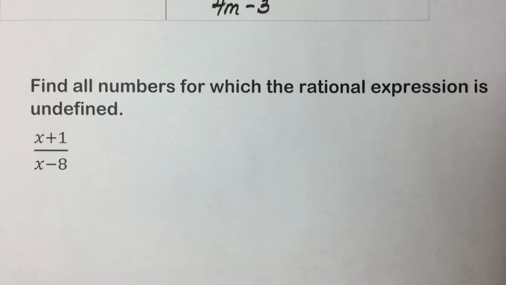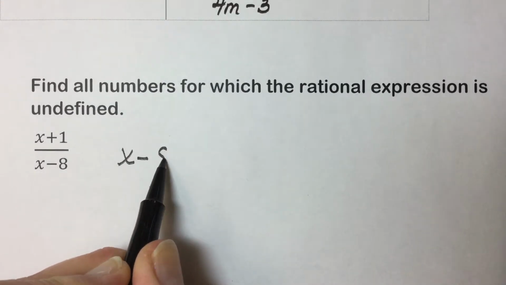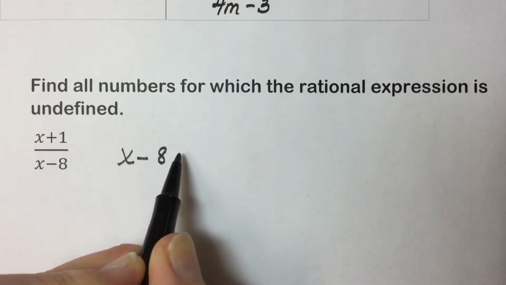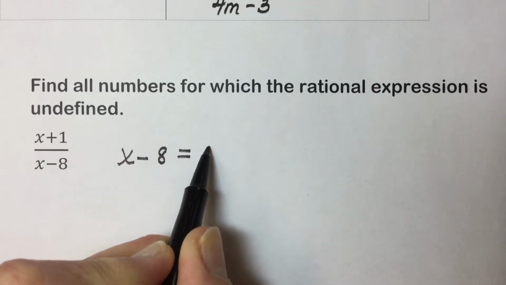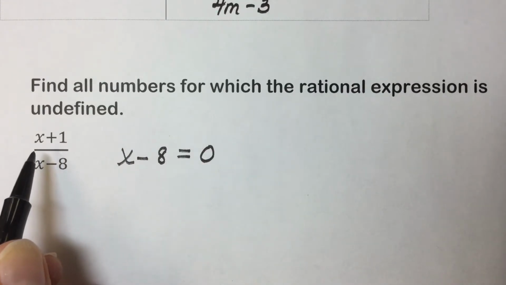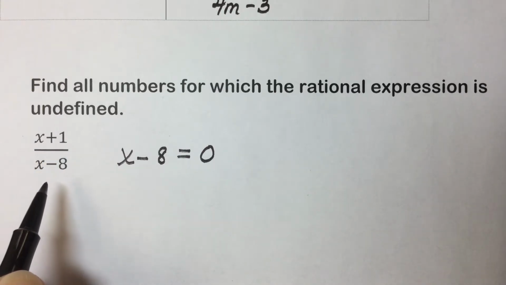rational expression is undefined. To determine which numbers make the rational expression undefined, we set the denominator equal to 0 and solve. So we do not want this value from the denominator to equal 0, because if we have a 0, we would have the undefined expression caused by a division by 0.